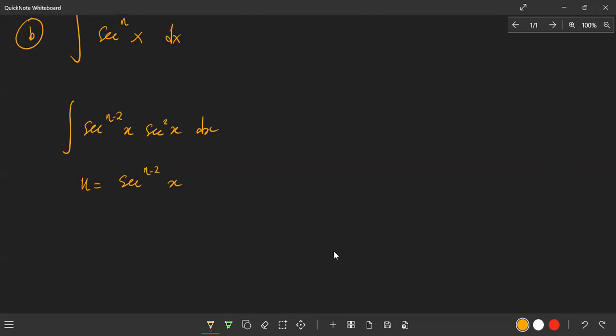So I'm going to say du/dx is equal to, and I'm going to use the power rule as well as the chain rule at the same time. Don't forget that.